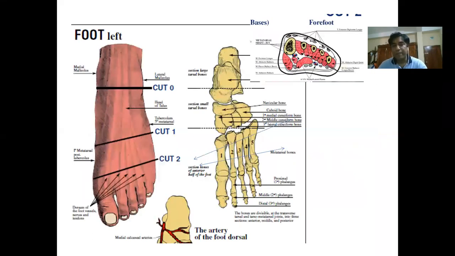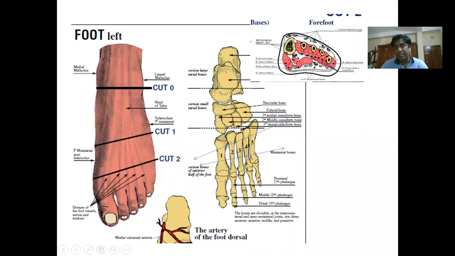If you follow my curvature, you can see that if you cut the foot in a coronal plane, any cut takes some part of the tarsal bones and some part of the metatarsal bones. Even cutting in a coronal plane, all the tarsal bones are not at the same level. So there is anatomical variation in the orientation of the bones in the foot.